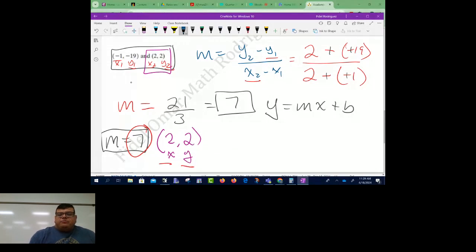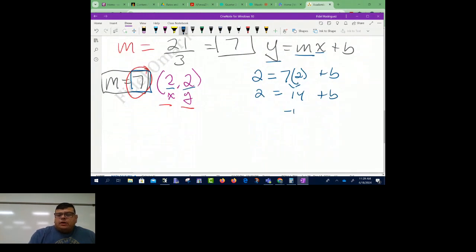Let's plug those numbers in. Where the y used to be, I'm going to plug in 2. My number m, we just found to be the number 7. My number x, also the number 2, plus b. So 7 times 2, that's 14 plus b. I'm going to go ahead and minus 14 on both sides. 2 minus 14, negative 12 equals b.